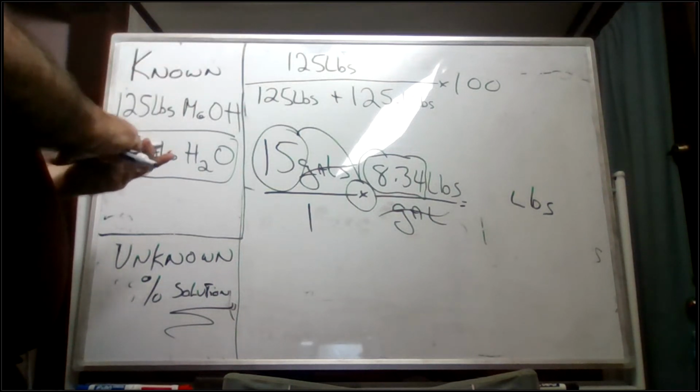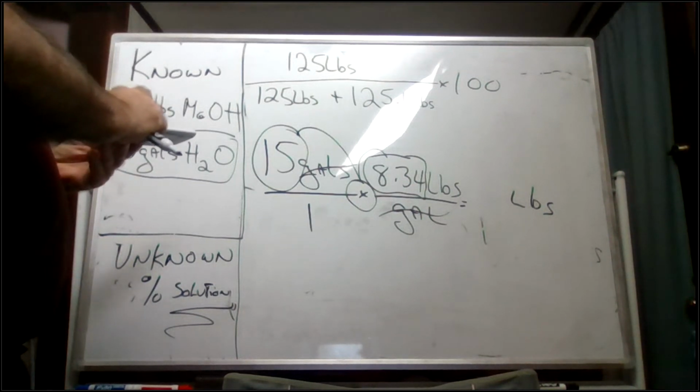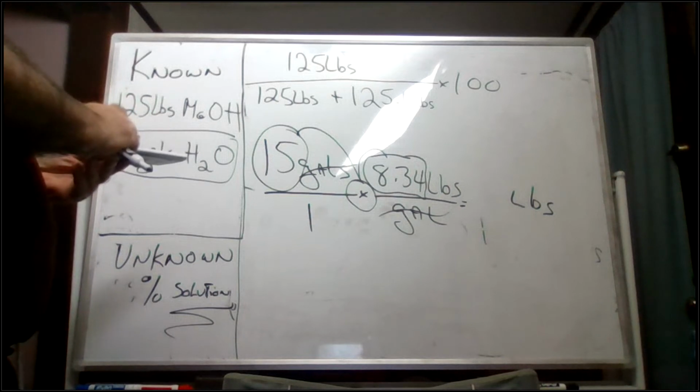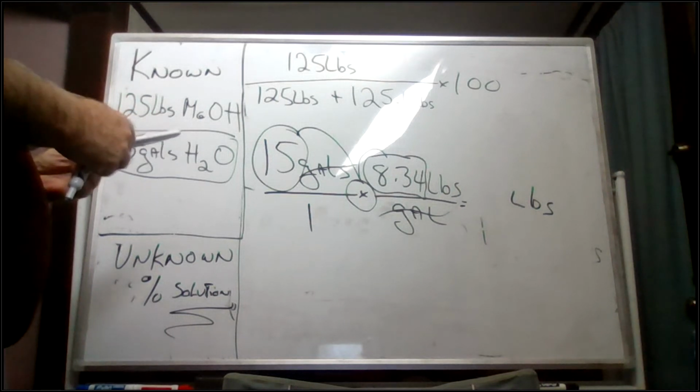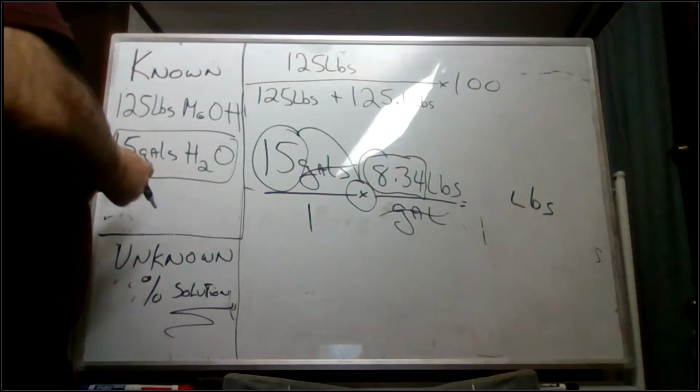I'm having issues here with my calculator. My trusty rusty calculator isn't so trusty tonight. Right. So 125 plus 125.1 equals 250.1.